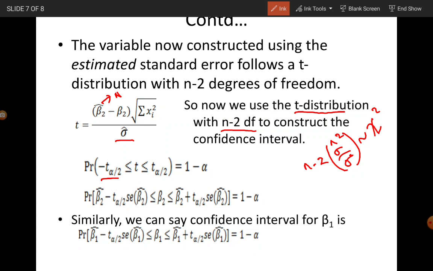And similarly, t alpha by 2, the upper limit, will be t at 0.025. This can be read off from the t distribution tables.